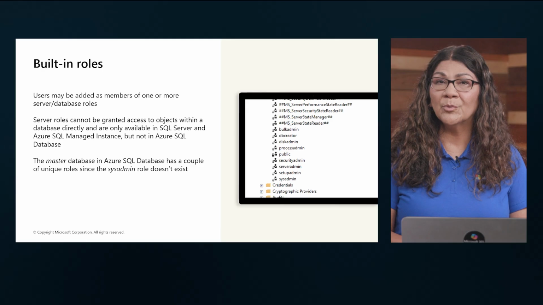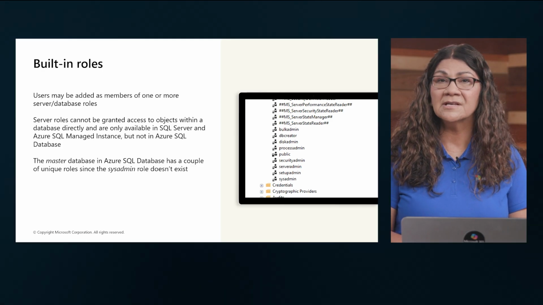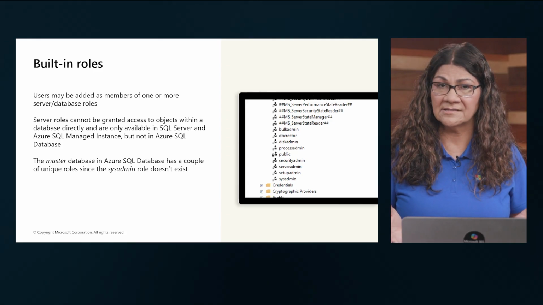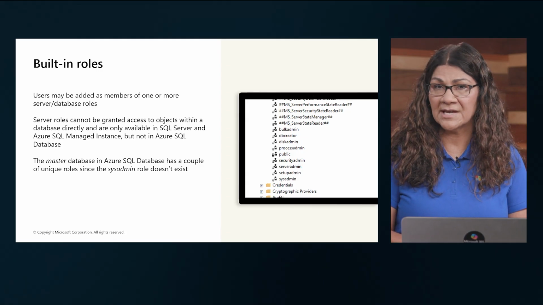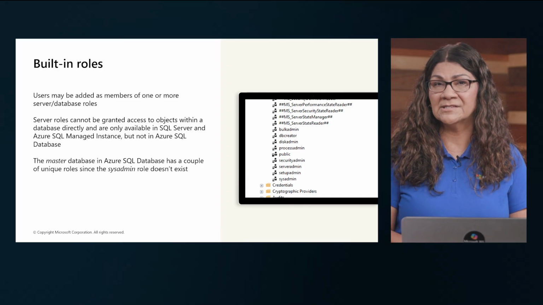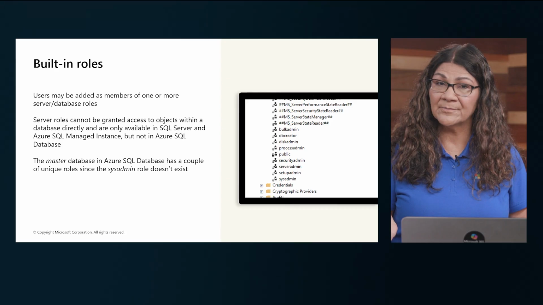For example, bulkadmin allows users to run bulk insert operations. This is useful for data engineers importing large data sets. dbcreator can create, restore, and drop databases, which is ideal for DBAs provisioning new environments. And diskadmin manages backup devices.